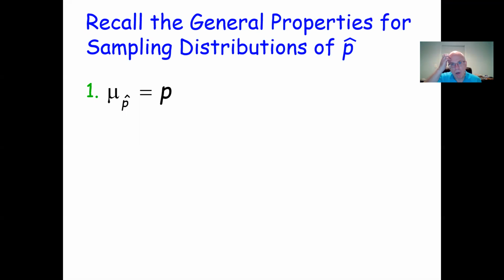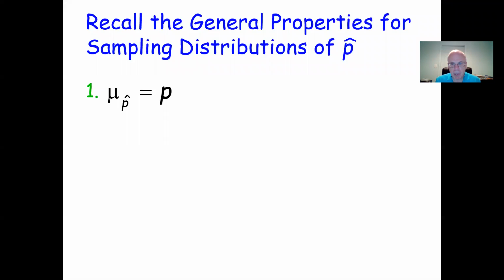Now, if we're going to be looking at a population proportion, if that's what the problem is all about, we have to use the sampling distribution of all possible samples, and we list all of their sample proportions, and we come up with the sampling distribution of p hat.